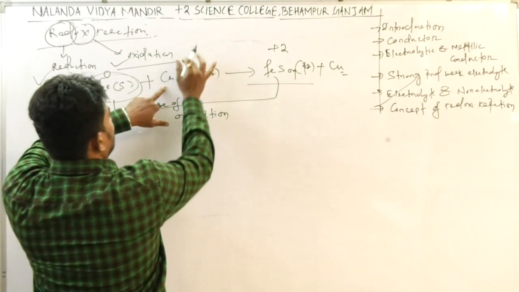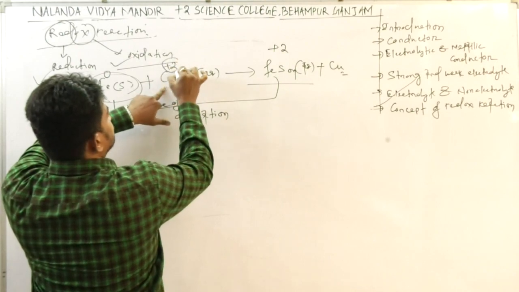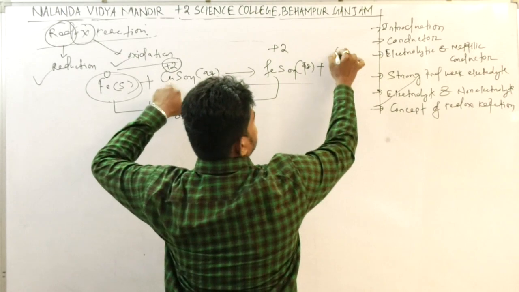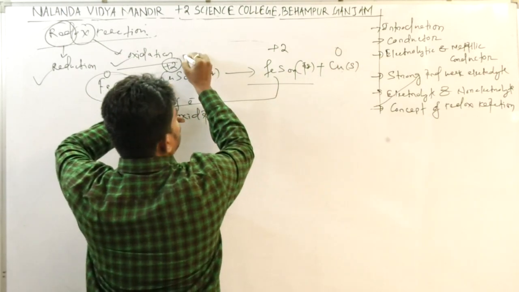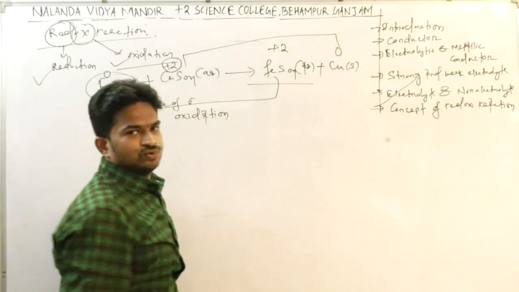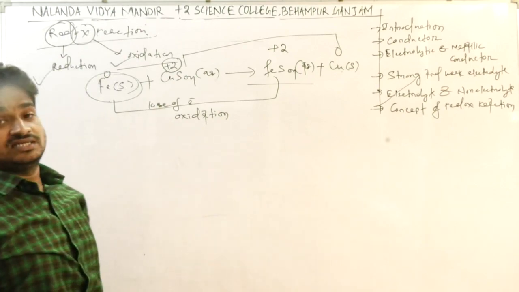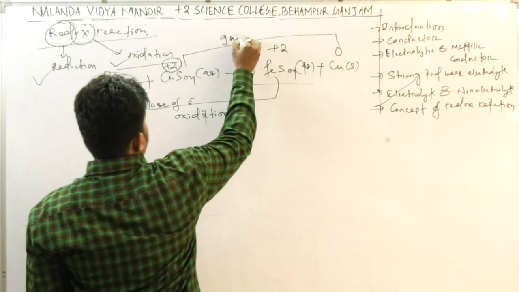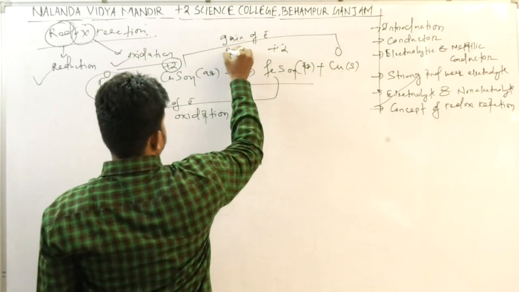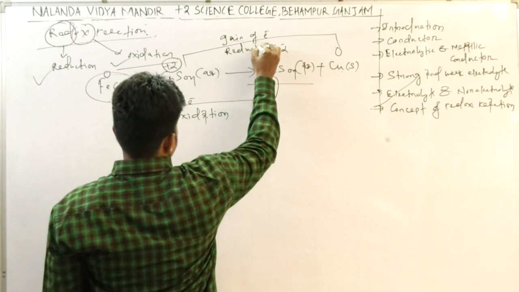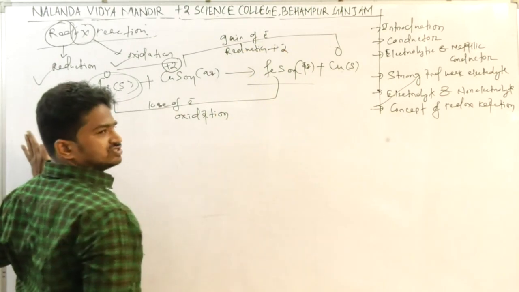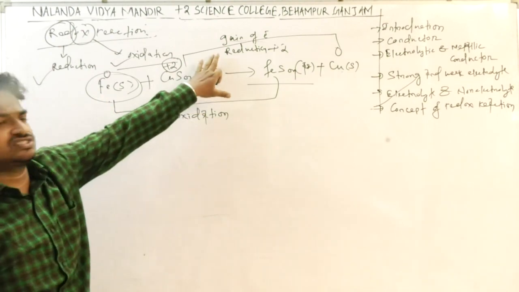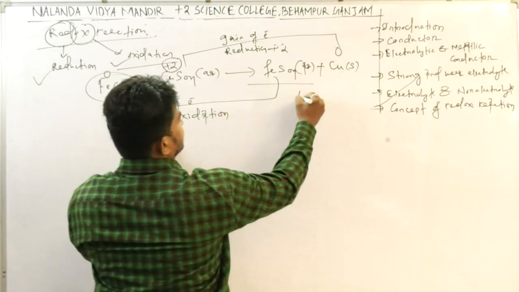And copper, whose charge is +2, exists in the free state with charge 0. So +2 to 0 means accepting or gaining of electrons. Gain of electrons is reduction. So this chemical equation contains both oxidation and reduction, so it is a redox reaction.